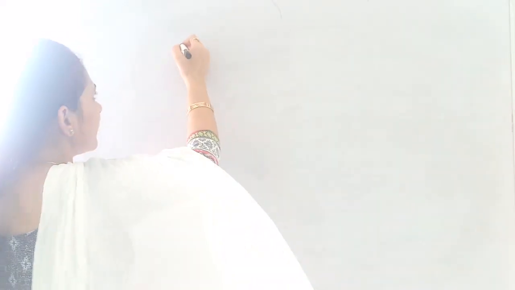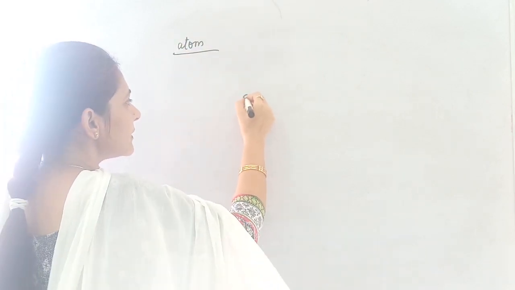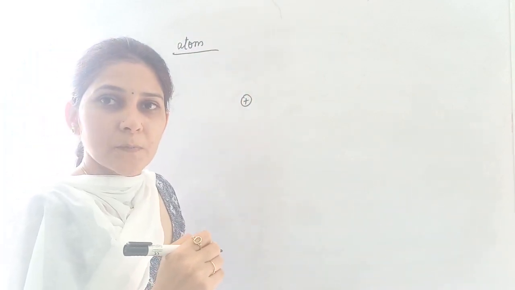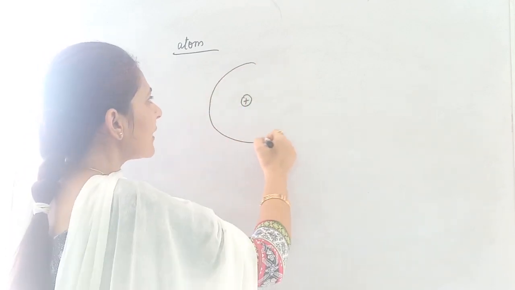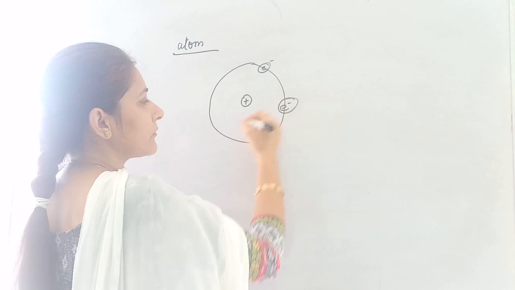Like if I'm talking about an atom, in an atom we studied that the nucleus contains positive charge and electrons are moving around the nucleus. These are the electrons, which contain negative charge.